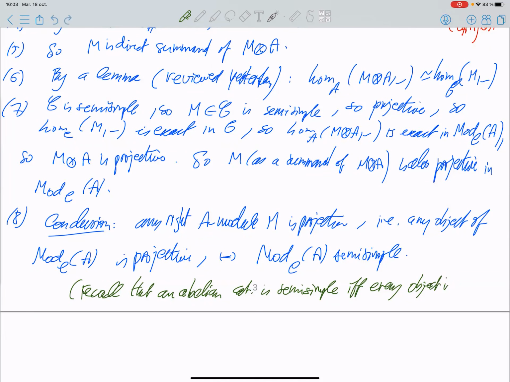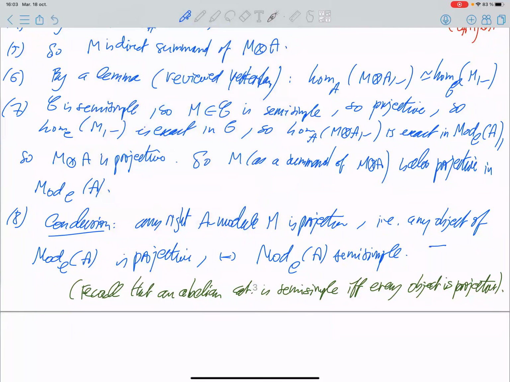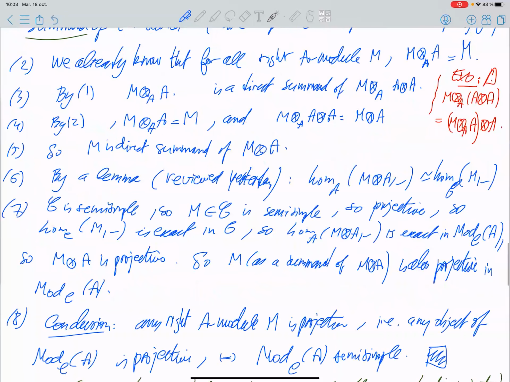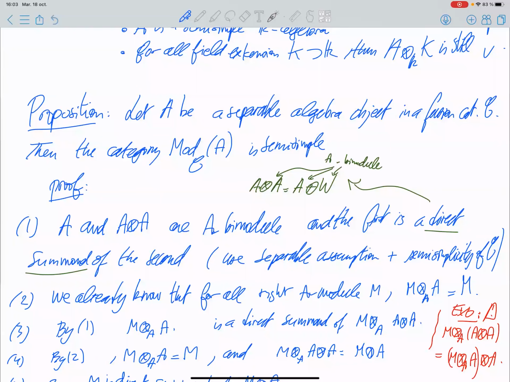So this proves that if the algebra object A is separable.